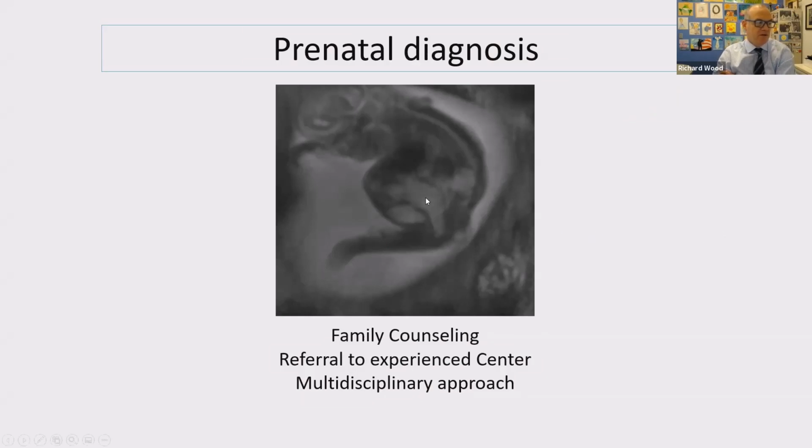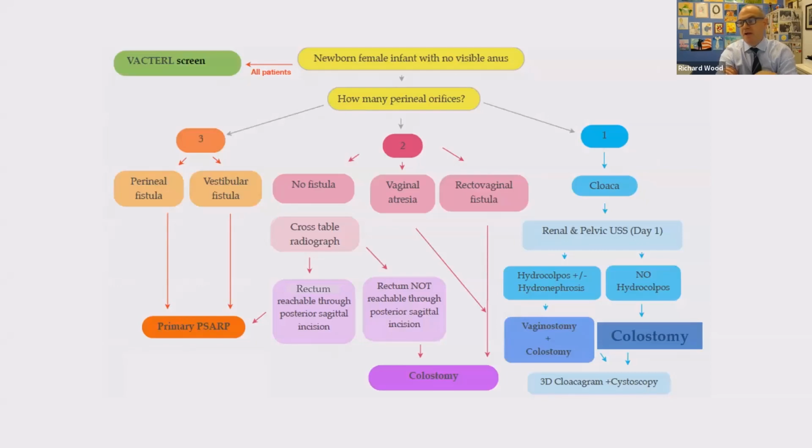If you look at my cursor, you can see the hydrocolpos here. But I think that's a very unusual thing. So generally, we're dealing with a patient that's been born, and it's an unexpected finding that the patient has a cloacal malformation. Sometimes it can be a little bit overwhelming to try and work out what we're dealing with.